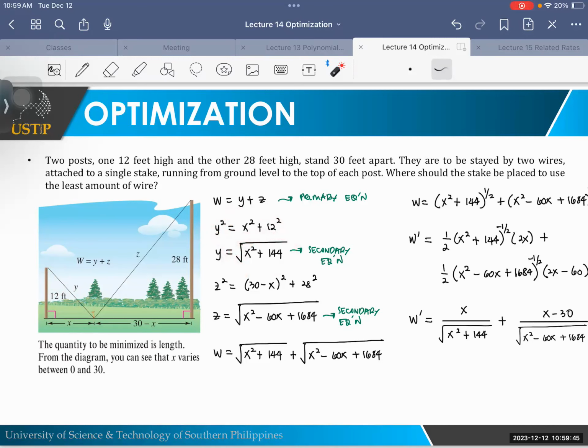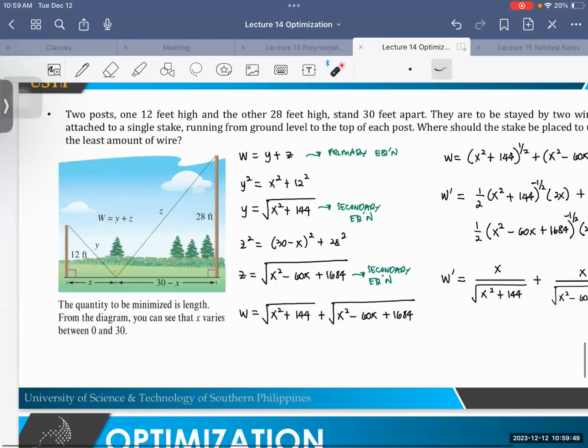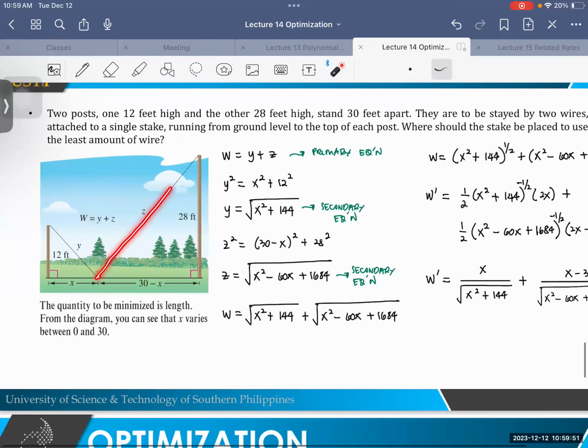Okay? That's the secondary equation. Another secondary equation is your formula sa imong z. Z karong class is the hypotenuse of the bigger triangle. Okay? So that is z squared is equal to (30 minus x) squared plus 28 squared. Okay?